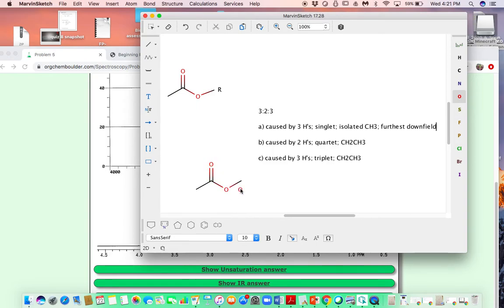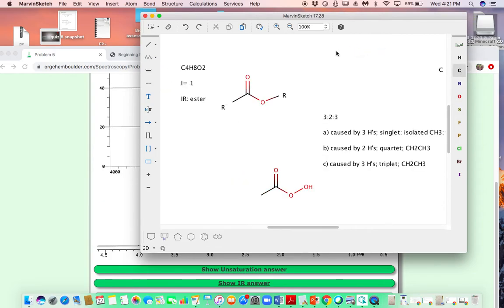And this one actually, I think, would have a couple of acceptable answers. Here's one of them. Okay. Definitely an ester. So here's our isolated CH3 that's far downfield.